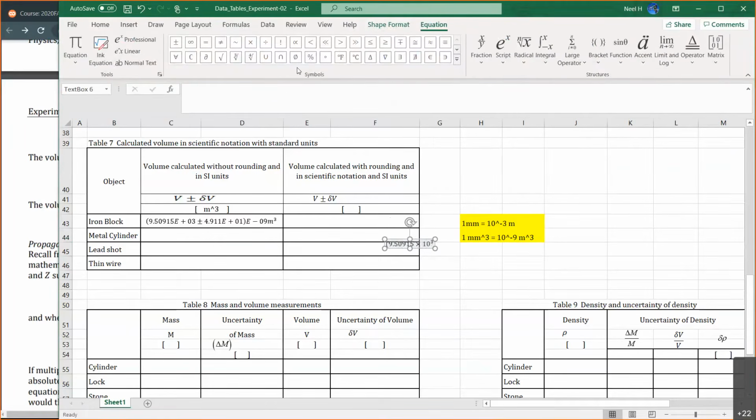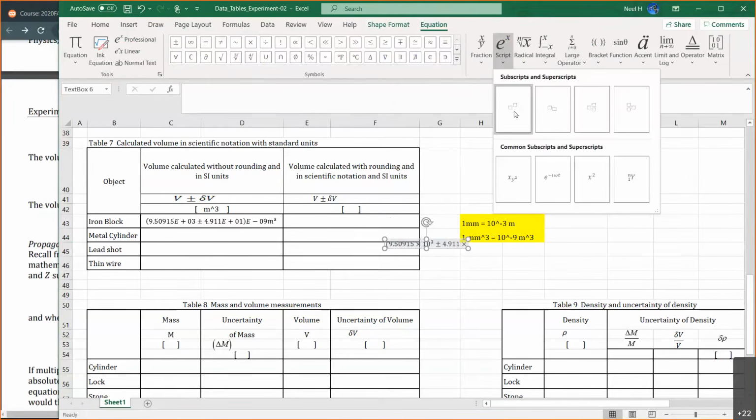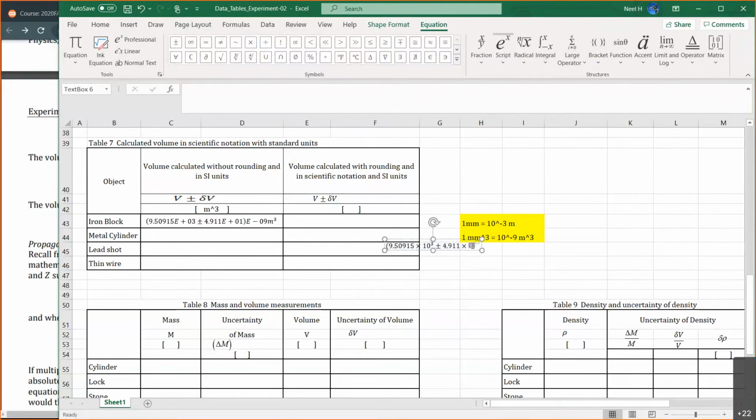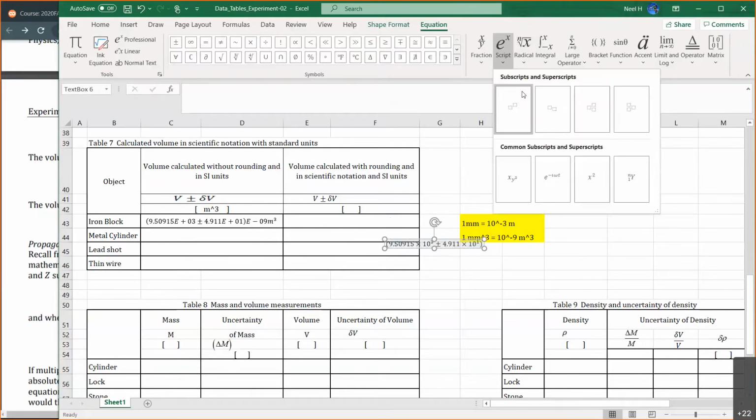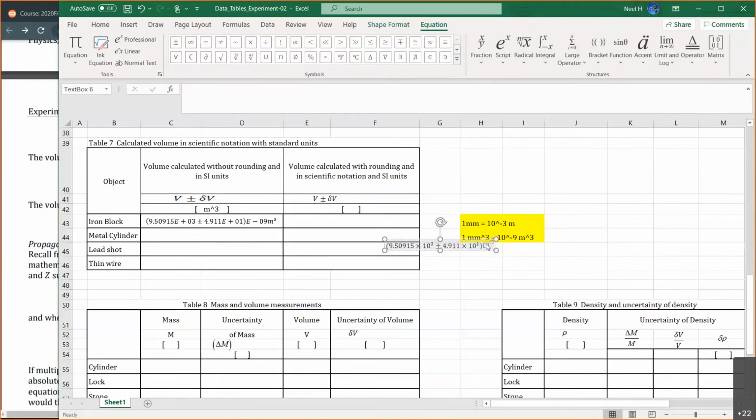And then I need plus or minus. Then I have 4.911. Then multiply by 10 to the power value, you can do nicely with this formatting. That is 10 to the power only 1. Then you close brackets. Then multiply by 10 to the power again, with this function. Now you need 10 to the power minus 9. And then you need meter cubed.